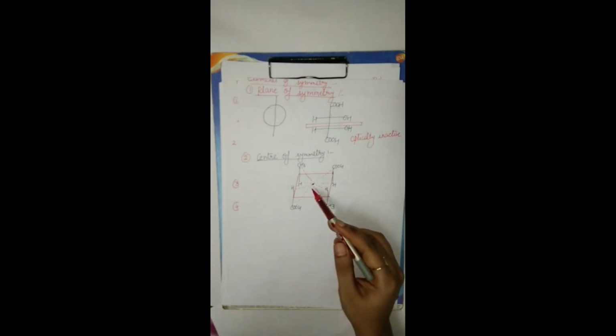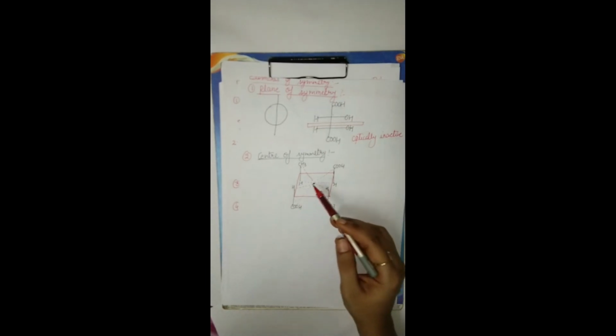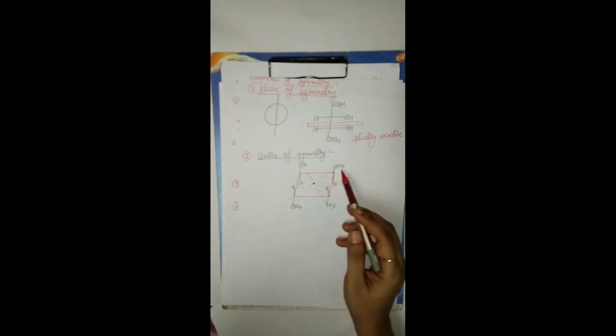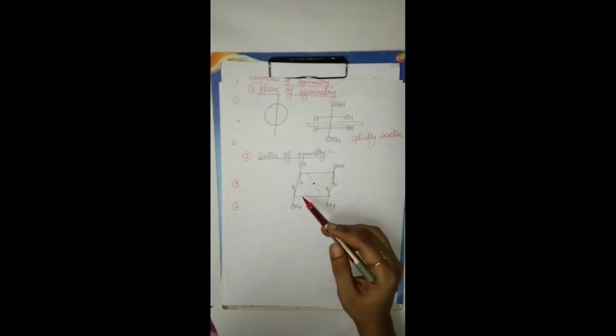A center of symmetry is defined as a point from which lines, when drawn on one side and produced an equal distance on the other side, will meet identical points. This is the identical point. This is an example of 2,4-dimethyl cyclobutane-1,3-dicarboxylic acid. This is an example of center of symmetry.